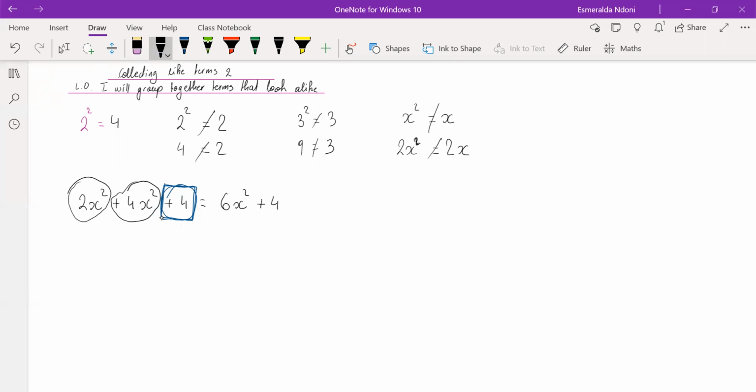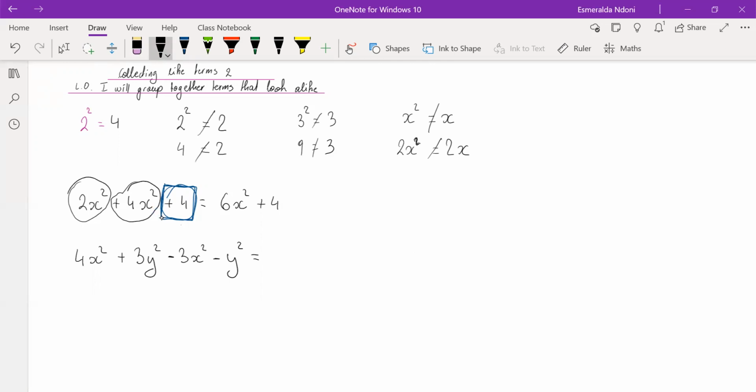And now we do another one. If I have 4x squared plus 3y squared, take away 3x squared, take away y squared. Okay, now this looks like a lot, but it's still the same thing.